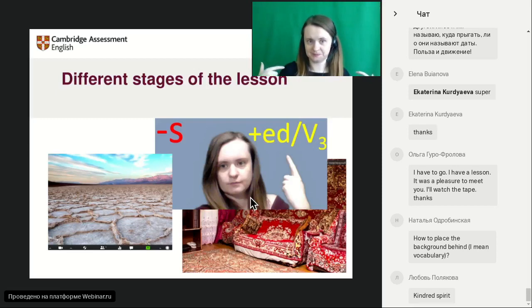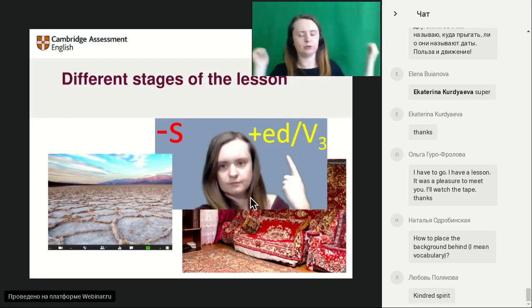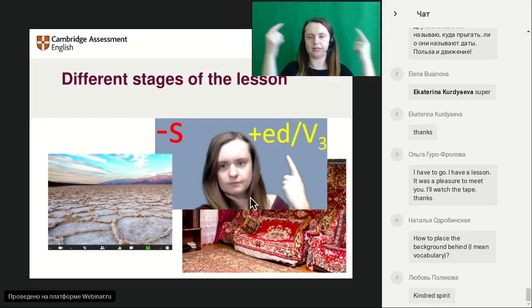Make sure that, since you read from right to left, when you put it on the background, it is a mirror image. So it will look different when you look at it, but your students will see it this way.